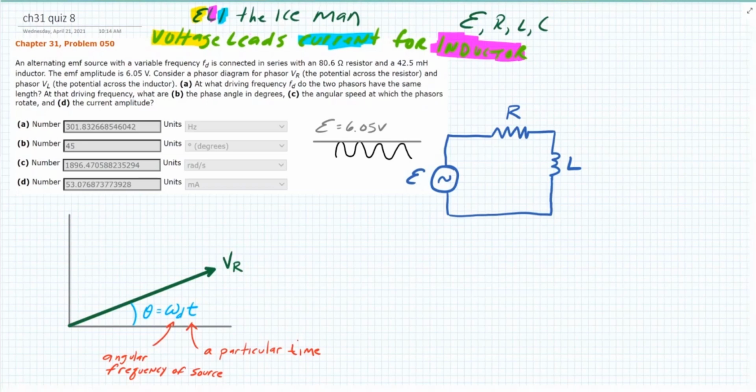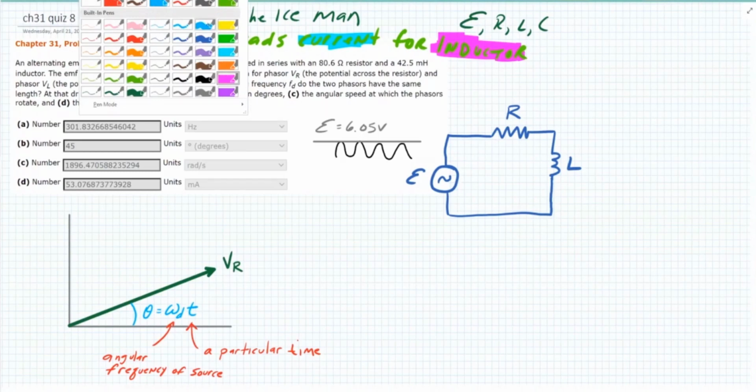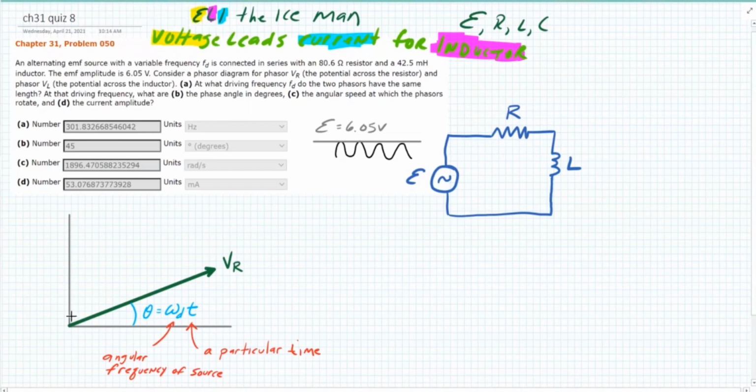So ELI the ICE man is the mnemonic that reminds you that for an inductor, voltage leads current. So let's draw that. So here is my, that's too thick.